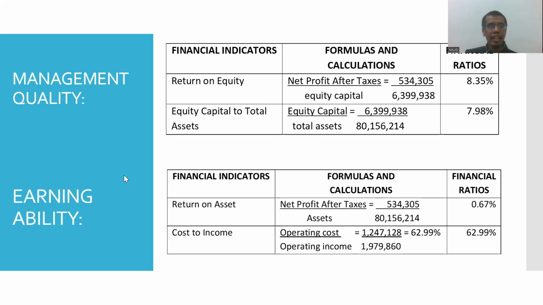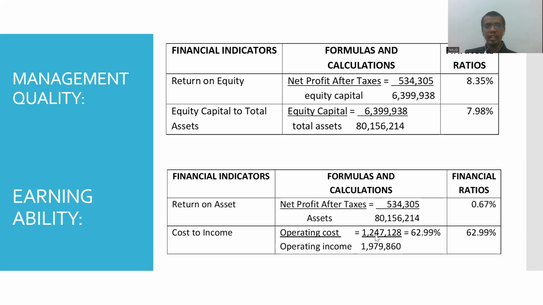Okay, the next ratio is earning ability, and the ratios in the financial indicator that represent the earning ability income model are return on asset and cost to income. The formula of return on asset is net profit after tax divided by the asset.